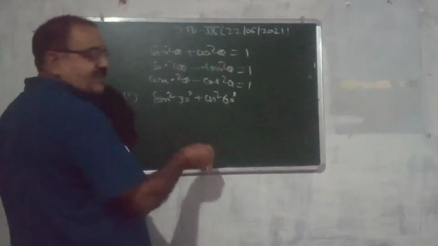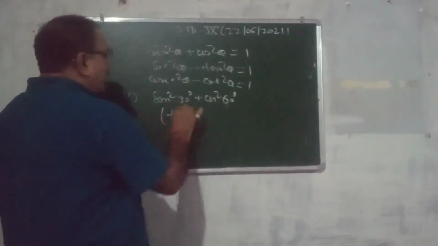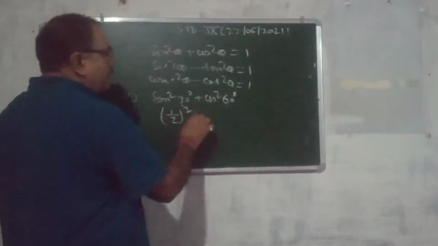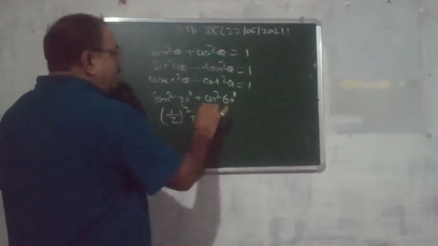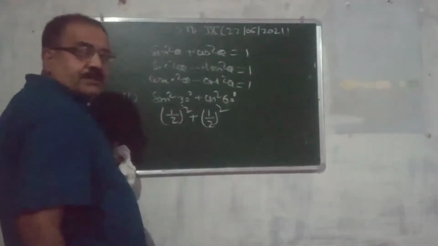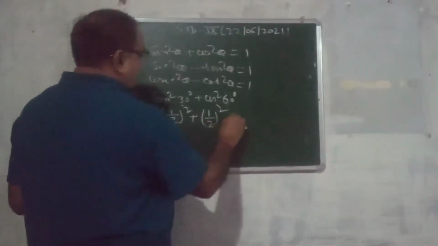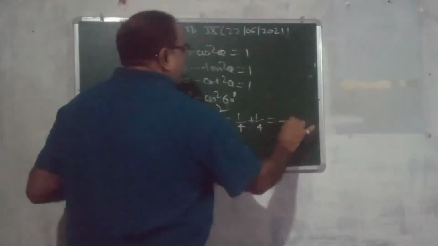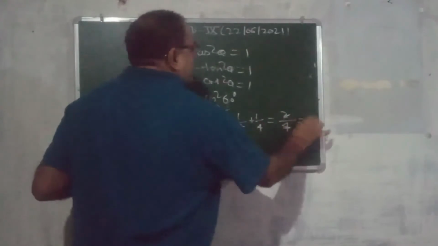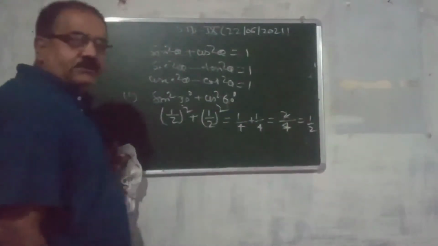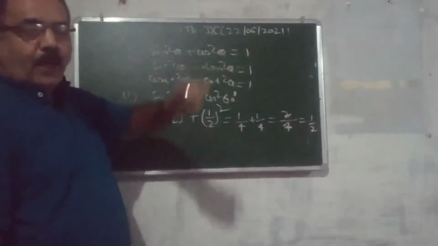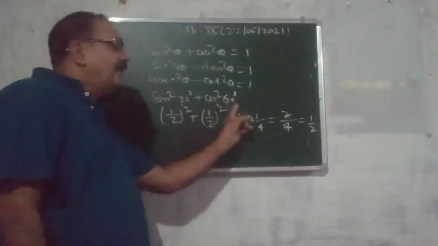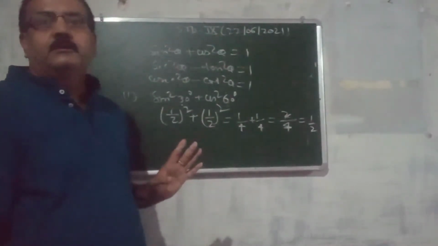So put the values: sin 30 is 1 by 2, squared. Cos 60 is 1 by 2, squared. Is it coming equal to 1? Let's see. 1 by 4 plus 1 by 4, the answer is 2 by 4, it is coming 1 by 2. Not equal to 1. Why? Because the angle is different.